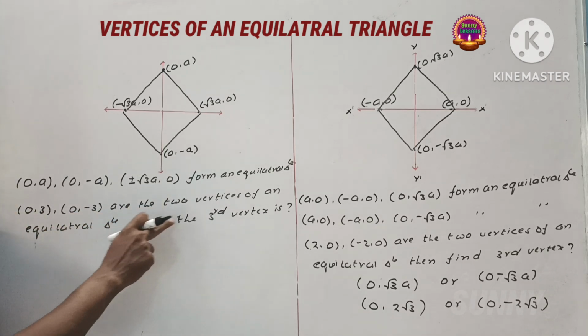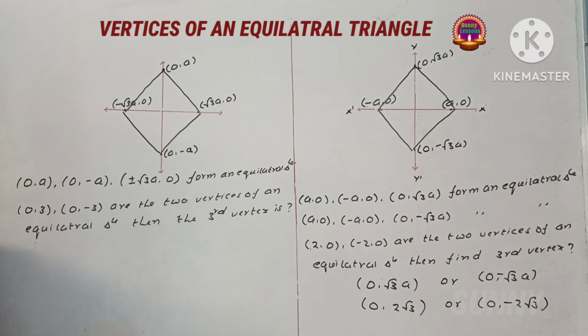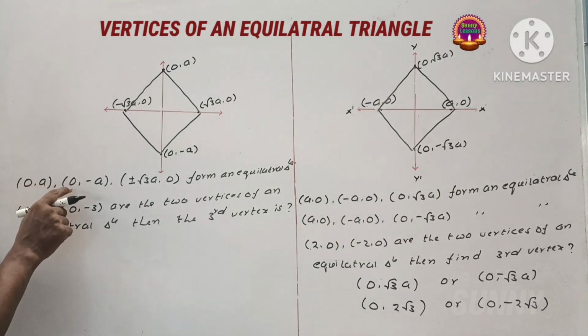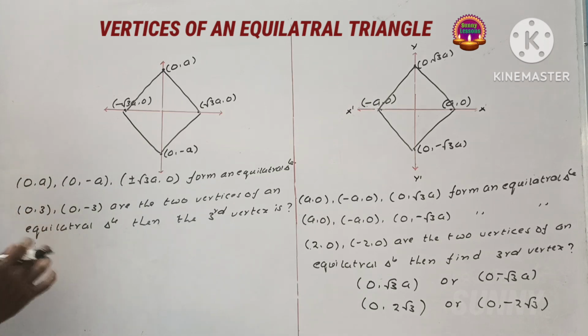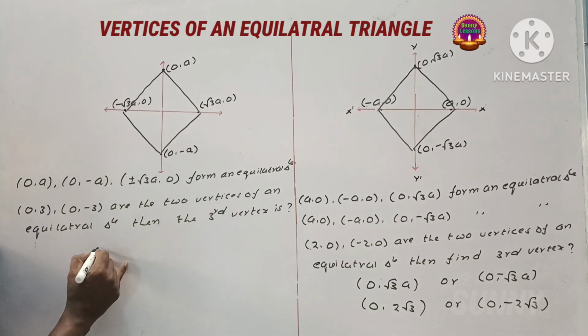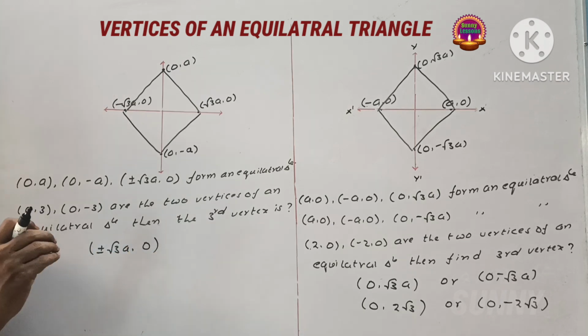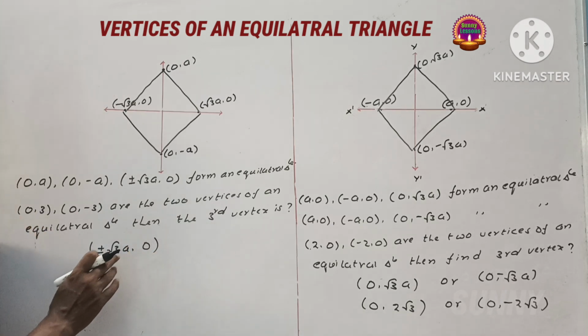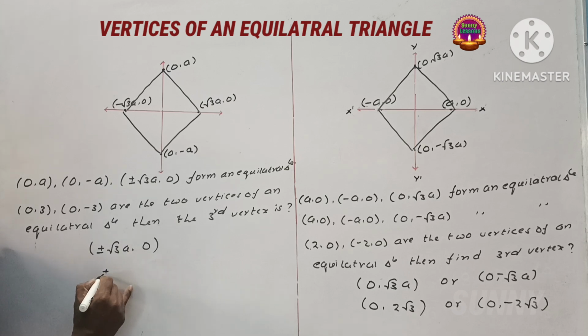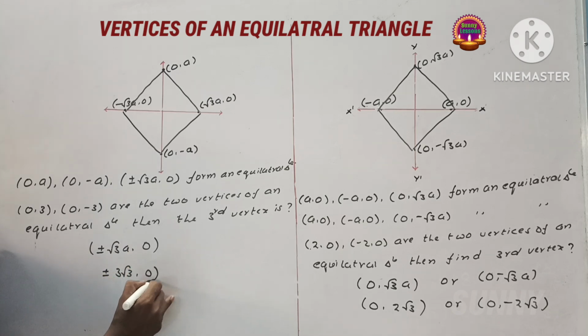Then find the third vertex. Here (0, 3) and (0, -3), that is (0, a) and (0, -a), are given. Then the third vertex of the equilateral triangle is (plus or minus root 3 a, 0). Here 3 is given, so we substitute 3 instead of a. So the third vertex is (plus or minus 3 root 3, 0).